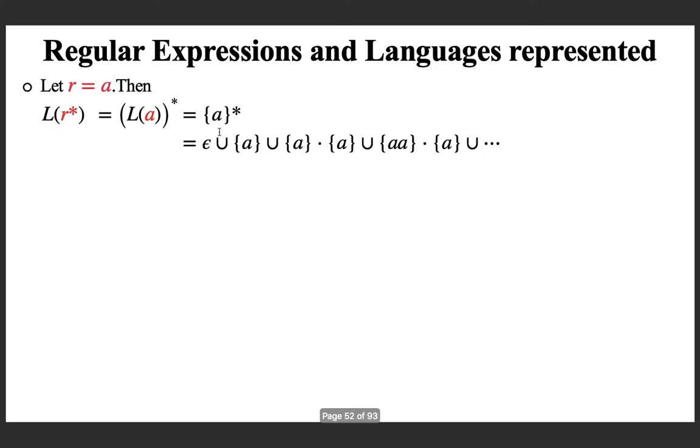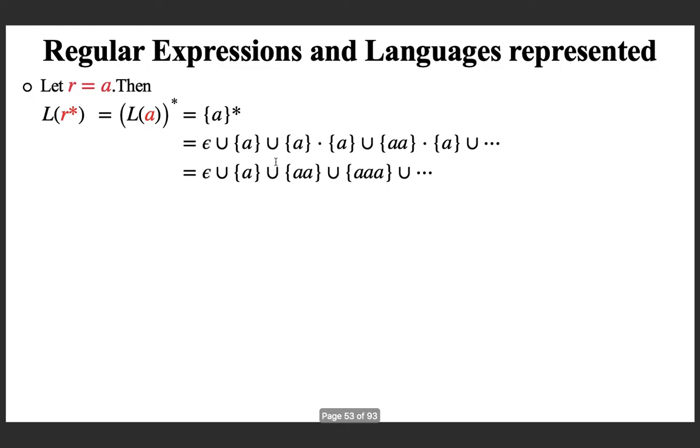Now suppose R is a regular expression which is just A, then what is the language of R star? By definition, it is star closure of the language of A because R is A. And from this definition of star closure, we can find what A star is, because the language of A is set A. If L is this language, L raised to 0 union L to the power 1 union L to the power 1 concatenated with L to the power 1 union L to the power 2 concatenated with L to the power 1.